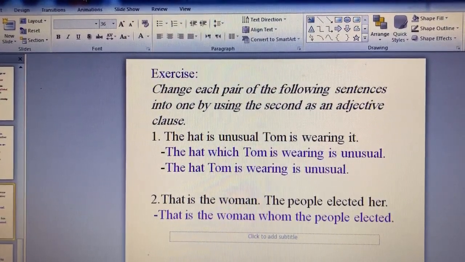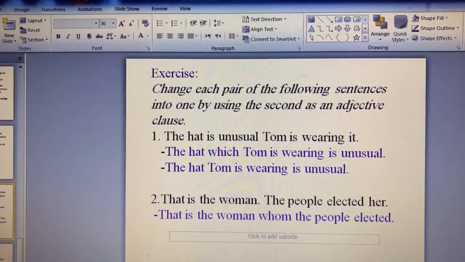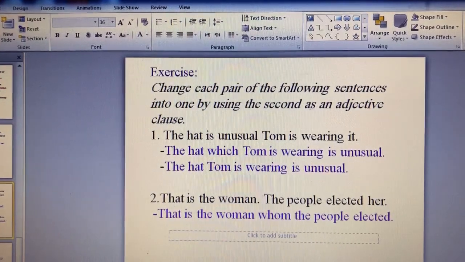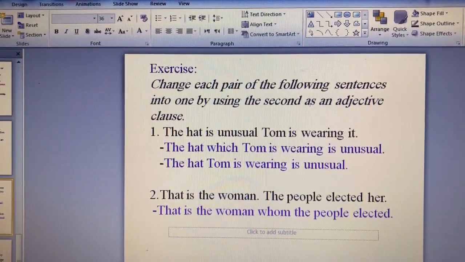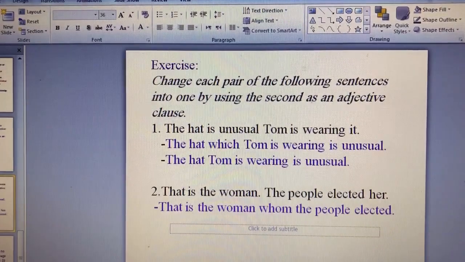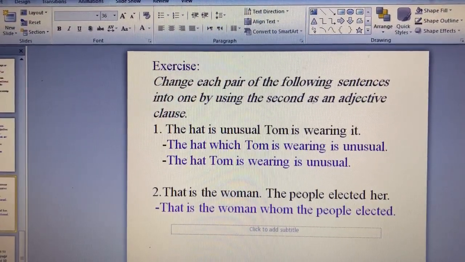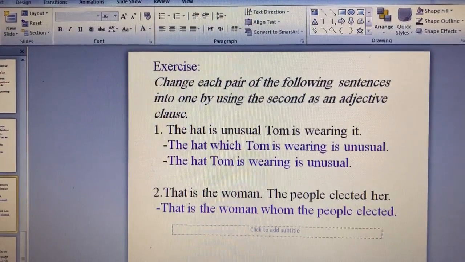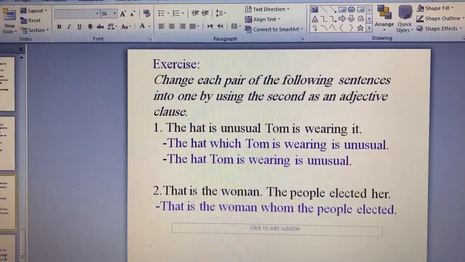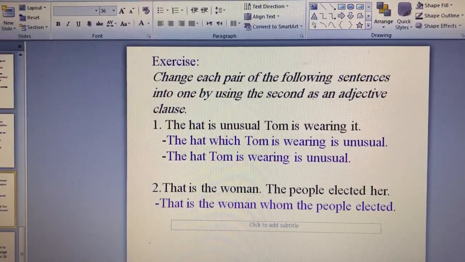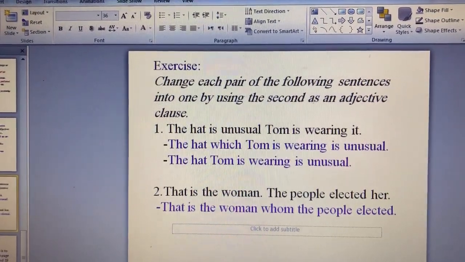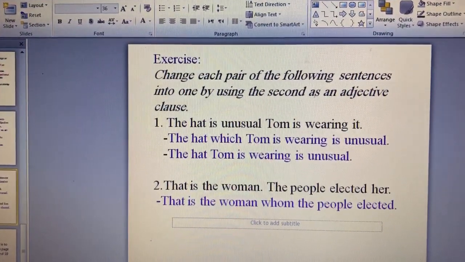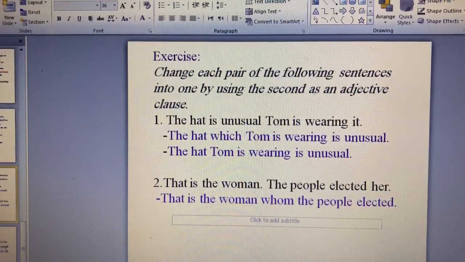So the subject hat will be modified by an adjective clause, and it should be omitted from the adjective clause and replaced by which. The hat which Tom is wearing is unusual. So here which, as you noticed, functions as an object since it's followed by the subject Tom, and is wearing is the verb.